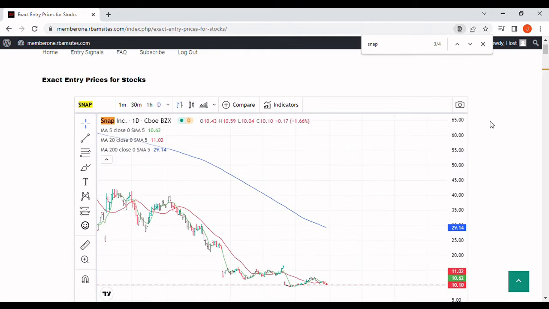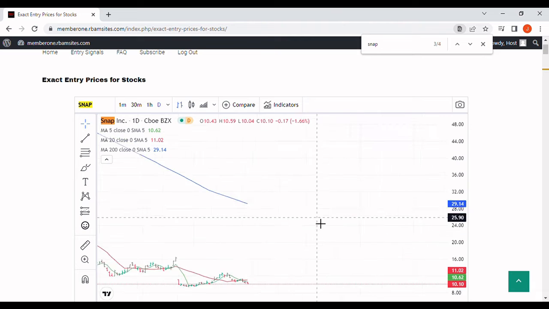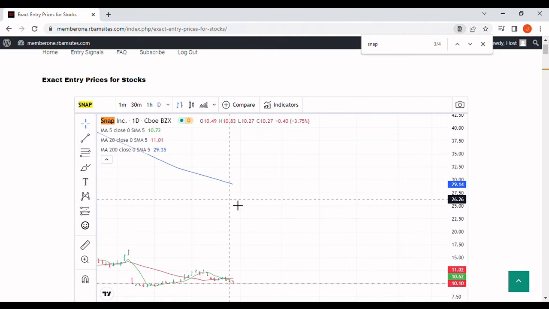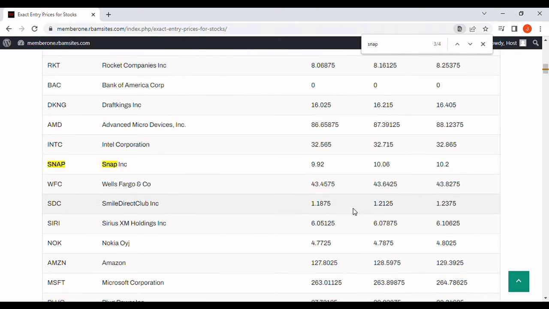So let's take a look and see where this price is today. Snap is trading today with a low of $10.04 and a high of $10.59. So we have not hit it in any category except the 20-day hold.